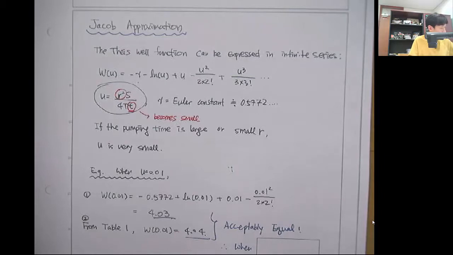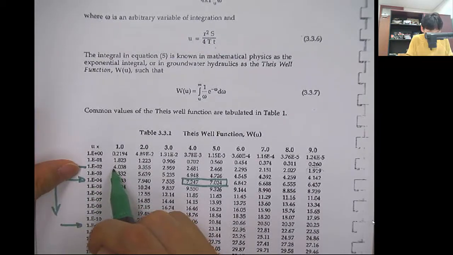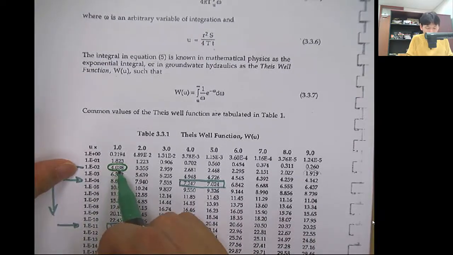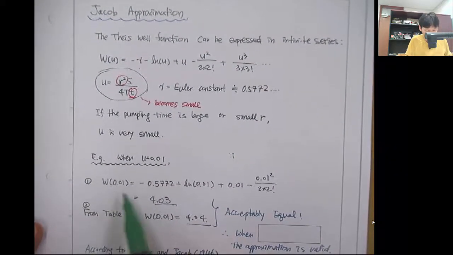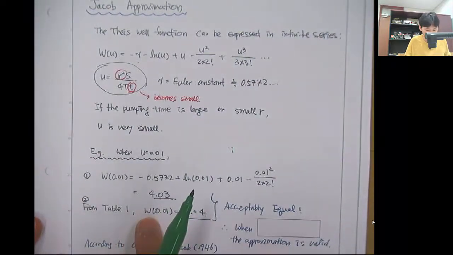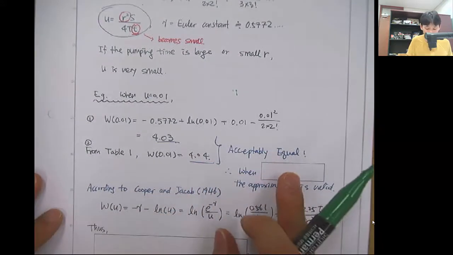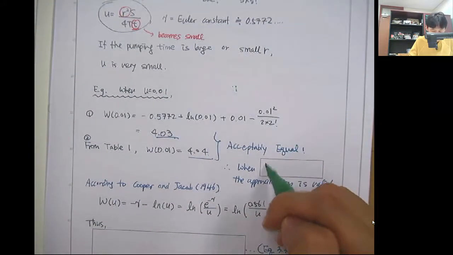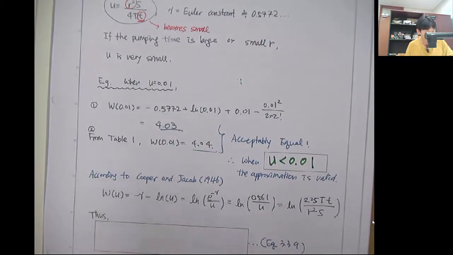And also in the table, 0.01, so that's 10 to the negative 2, so that's this number, right? 4.04, right? 4.038 or 4.04. So then this w from the infinite series and the w from the table is pretty much very close to each other, so it's acceptably equal. Which means that when u is less than 0.01, then this approximation can be used.